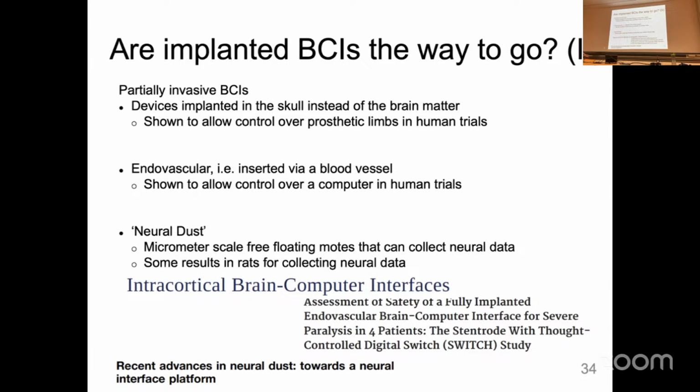But it's not yet clear in what direction this is going, and also unclear whether you could augment them with compute or not. This was something the authors asked themselves because they are into this distributed computing paradigm. They have actually shown some results in rats for collecting neural data, but it's at a very early stage. But the idea is actually quite old.